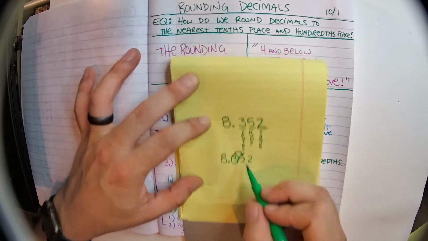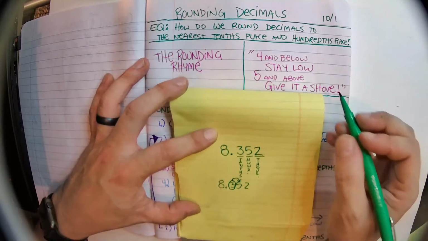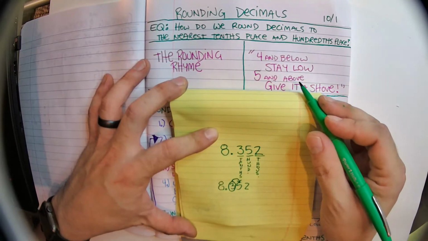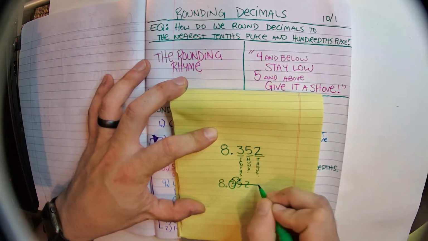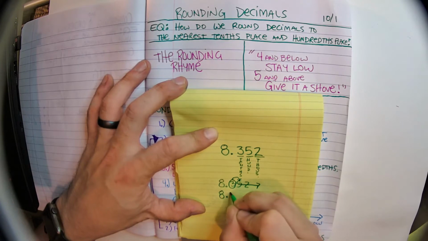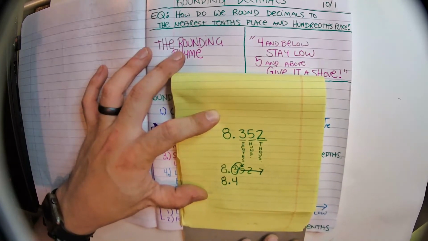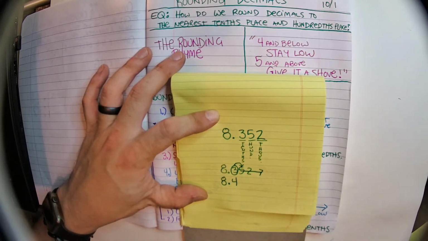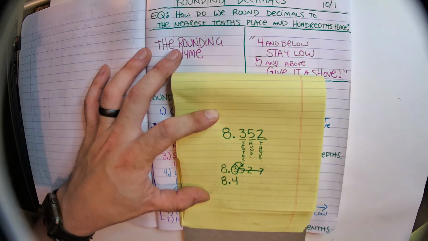So is 5 a 4 and below, stay low, or is it a 5 and above, give it a shove? Yeah, 5 is a 5 and above, give it a shove. So it tells the circled number to give it a shove. It goes home, and the circled number gets shoved to the next digit. So if we were rounding 8 and 352 thousandths to the nearest tenth, we would get 8 and 4/10.